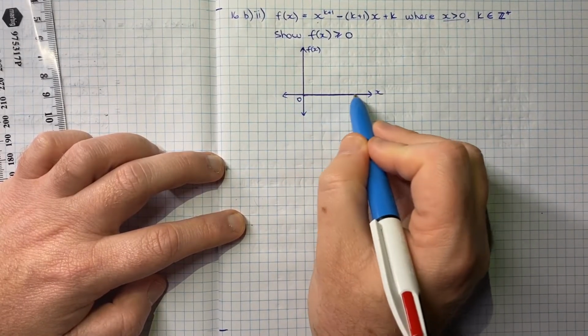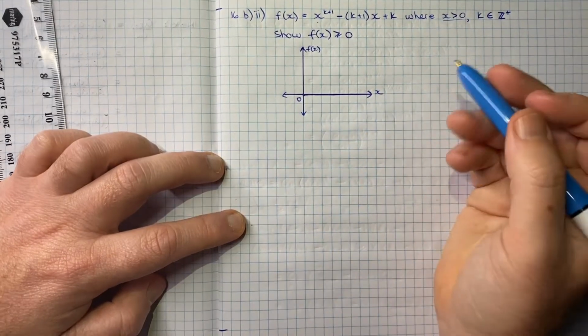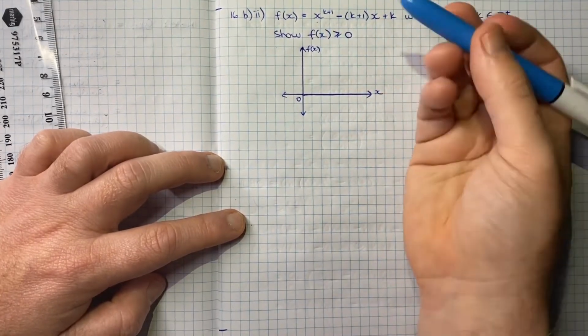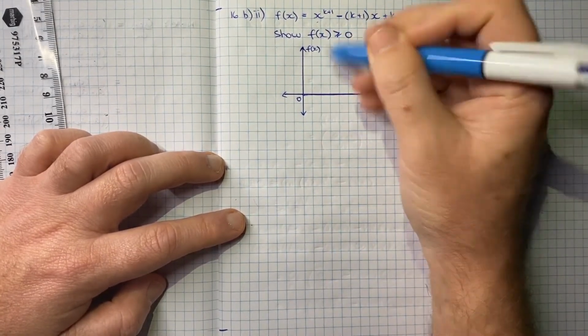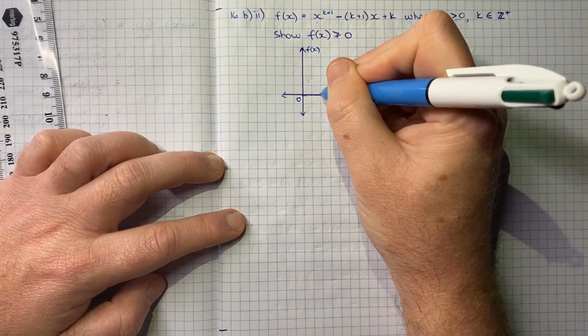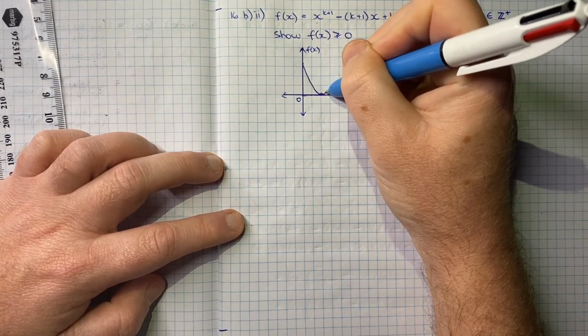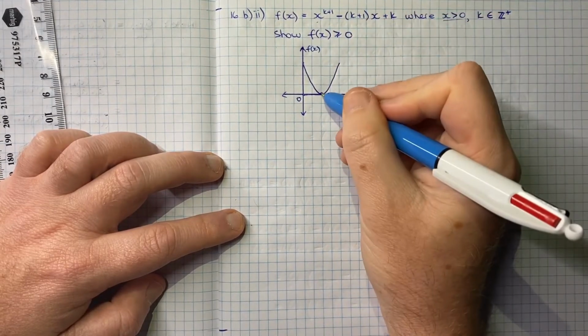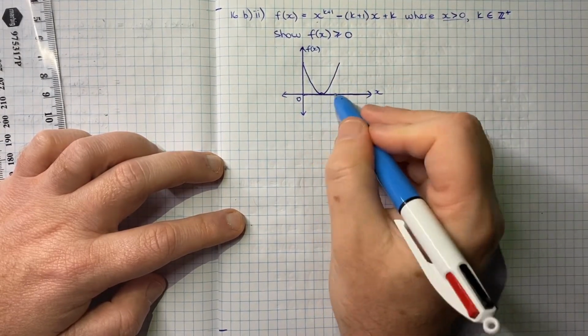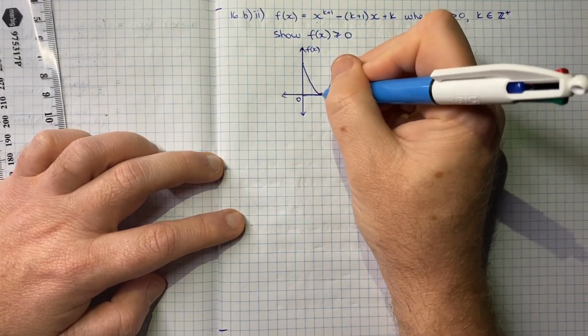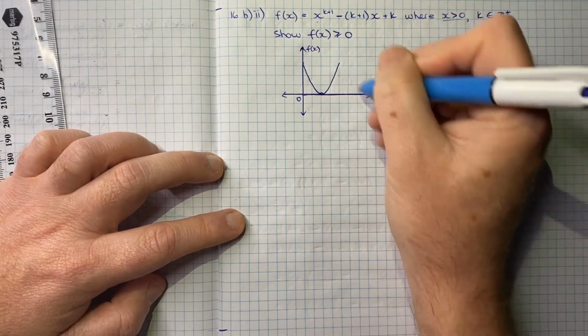You can see how if you had a curve, say a parabola, that turns at some point on or above the x-axis, and that's the only turning point, it's never coming back down.